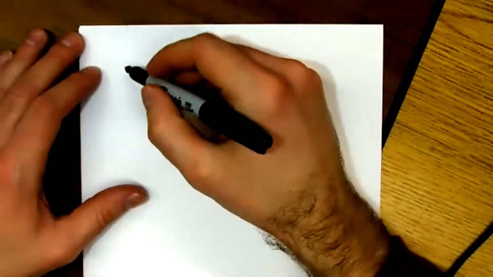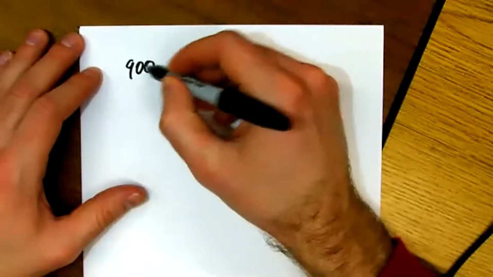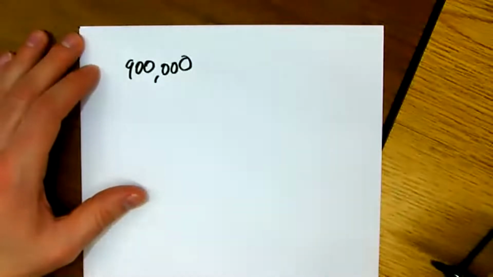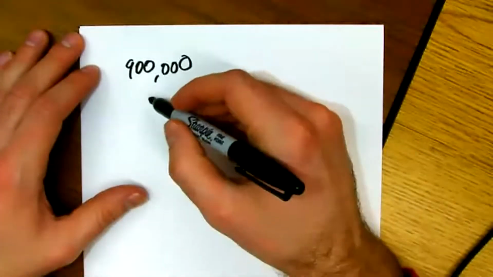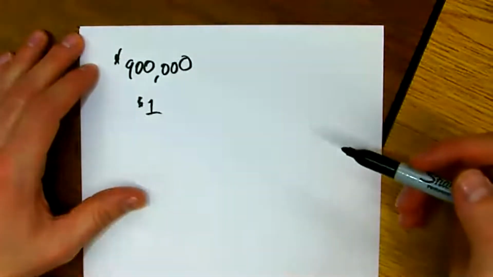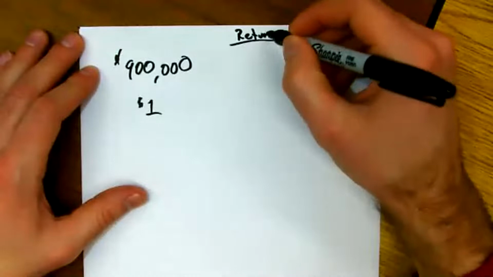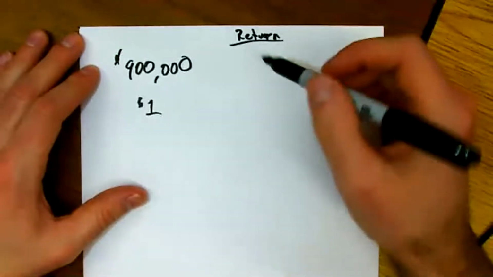So let's say I've got a portfolio and I've invested like $900,000 into one stock, and I've only invested, I don't know, $1 into the other, right? And I think about the return on each one of these stocks.